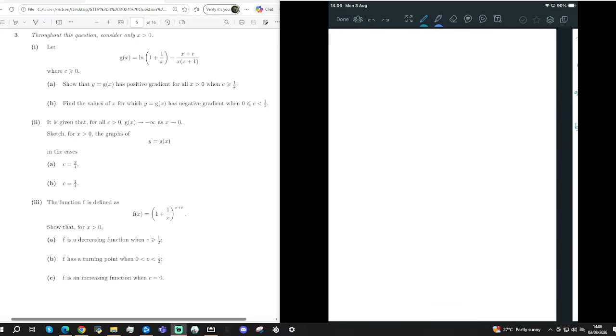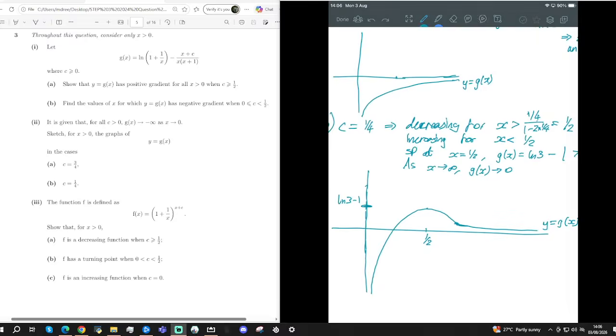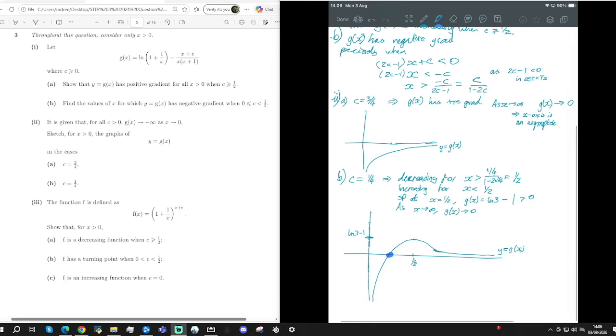So if I look back, from this picture we do have a 0 here, but this was a special situation for a special value of c, not a general value of c.